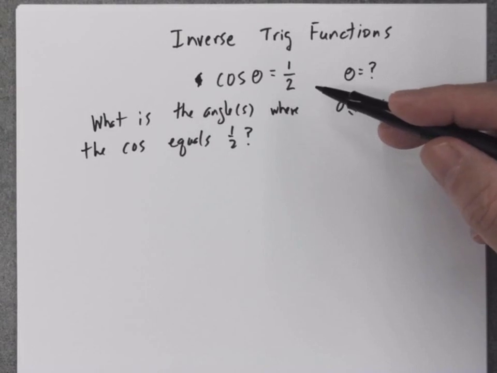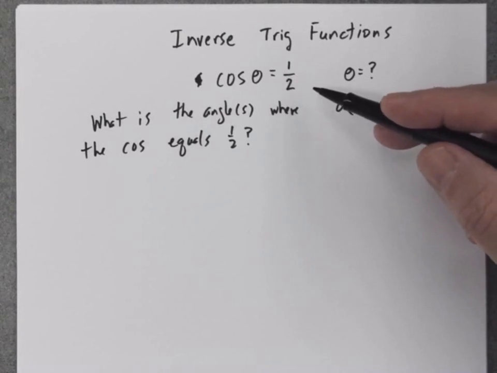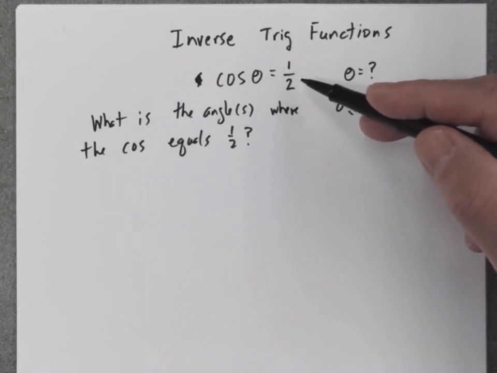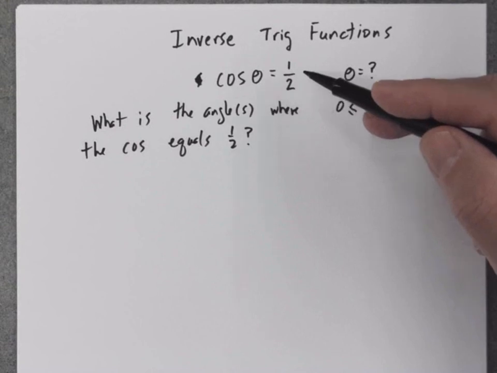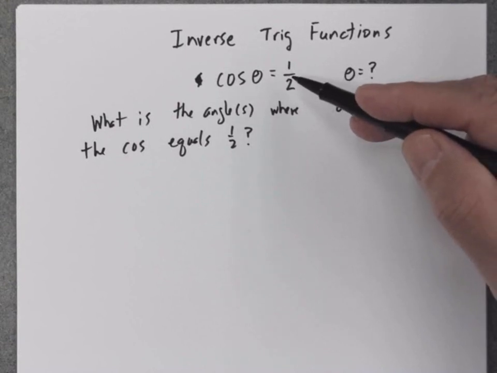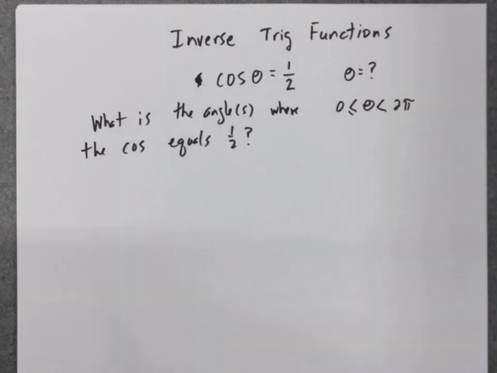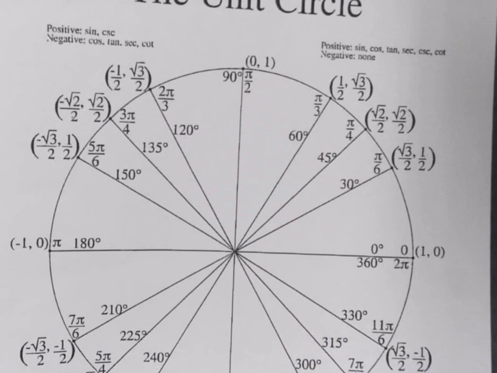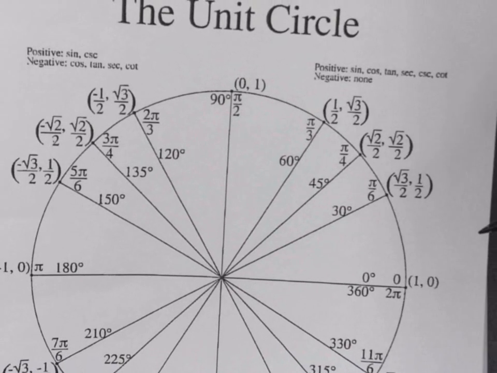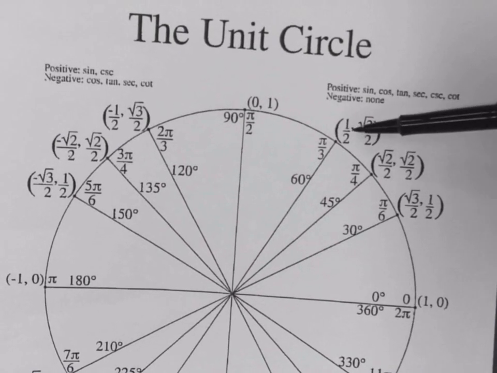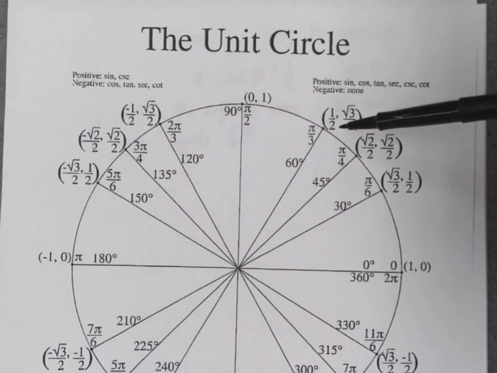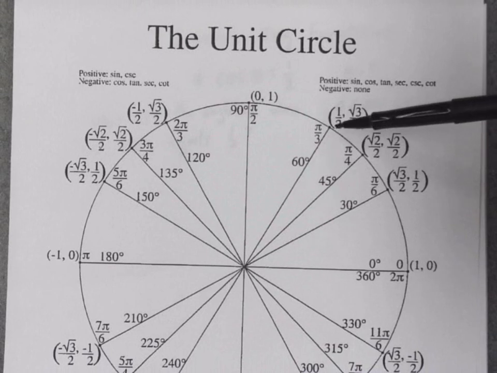Now initially, all the angles we're going to talk about are special angles, and this is a special angle. So we could actually go to the unit circle and see what are the angles where the cosine would be 1/2. So if you go to the unit circle, the cosine is always the x value. So I see right here, cosine's 1/2, so pi over 3.